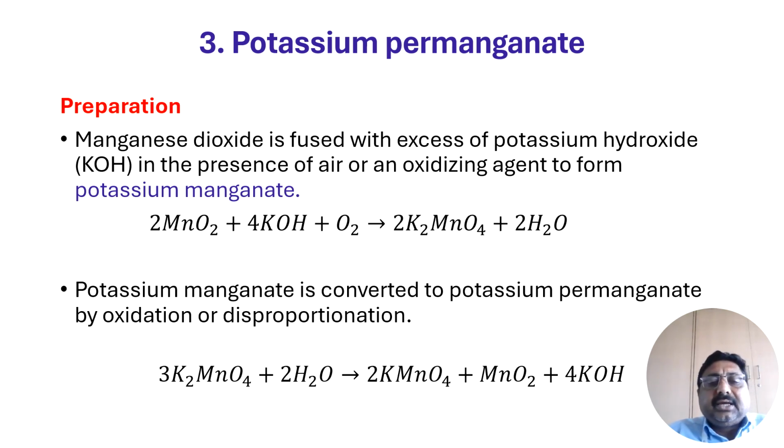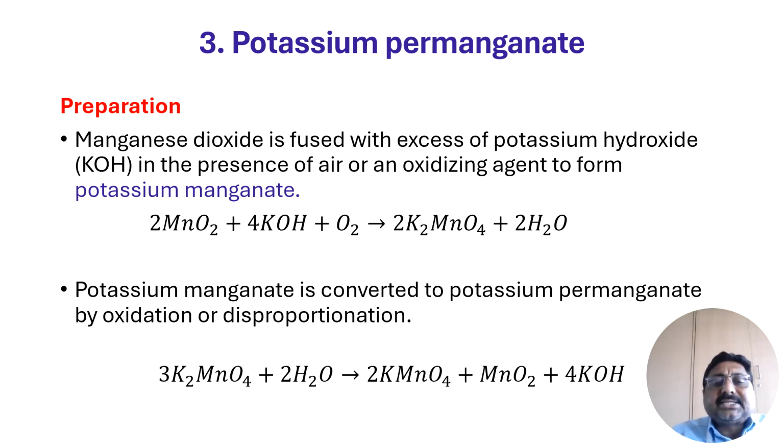See, potassium permanganate is another compound. The preparation of potassium permanganate and its uses and properties is enough. You know potassium permanganate is a powerful oxidizing agent we used in the assay of permanganometric titrations, right? Potassium permanganate is prepared from manganese dioxide.